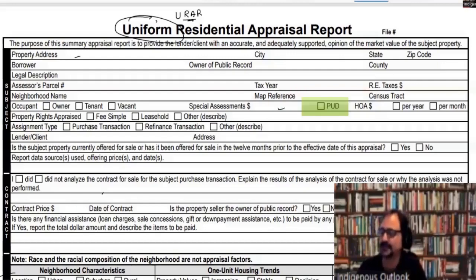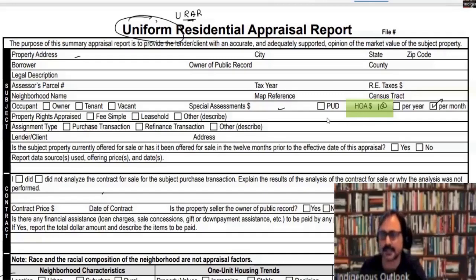Now it is going to tell us what type of property this is. If PUD is checked, that means it's a PUD property. If it is not a PUD, they won't check it, right? If it is a PUD, then there is going to be an HOA fee. So they might say $100 per month.